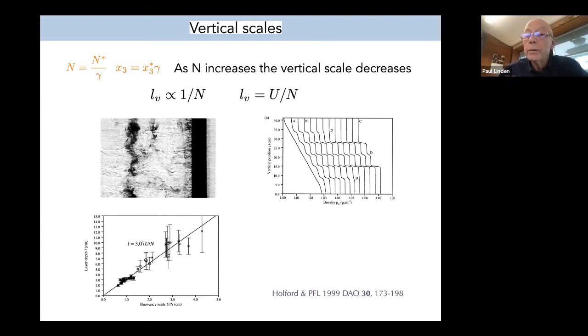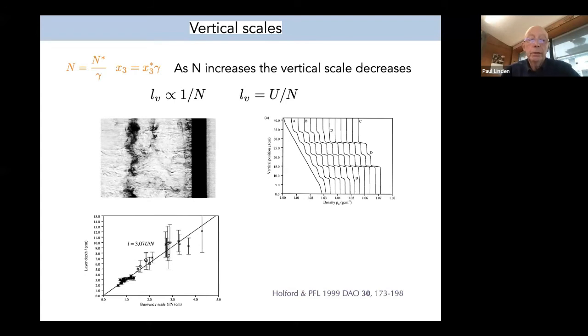This is the way the fluid gets around the energetic problem of having a large overall Richardson number and creates small Richardson numbers, because in the layers there's no stratification, and it's all concentrated at these interfaces.